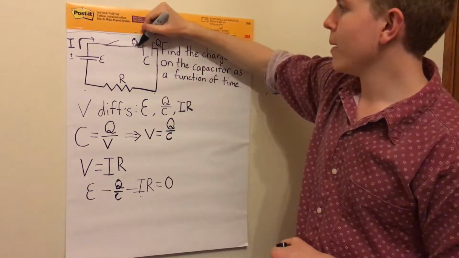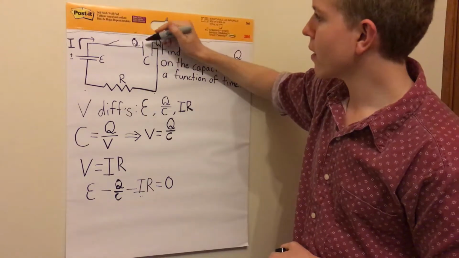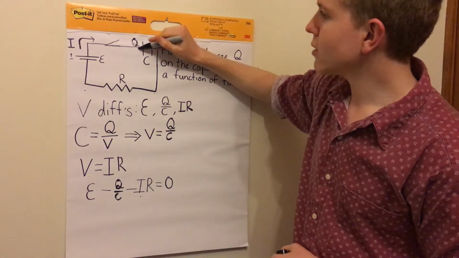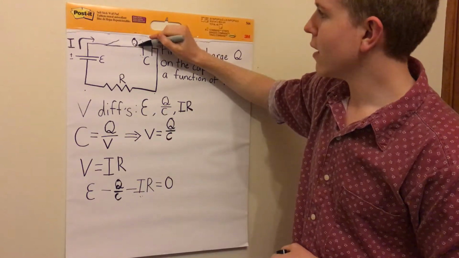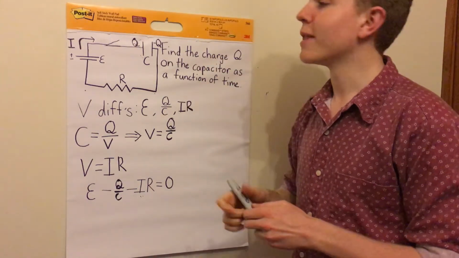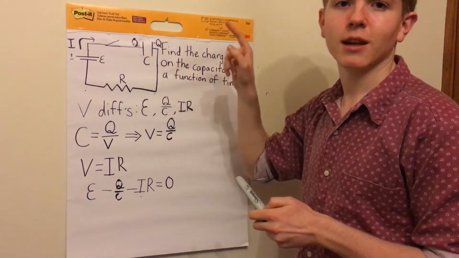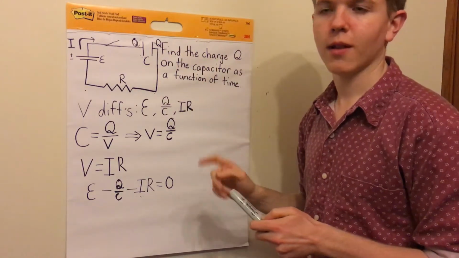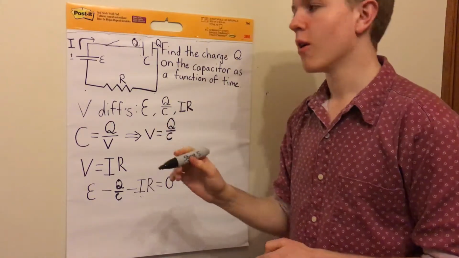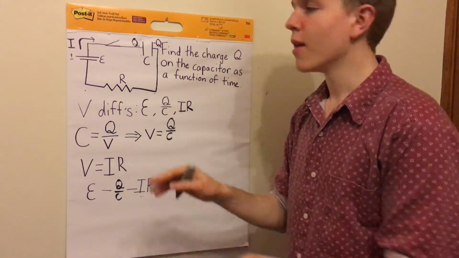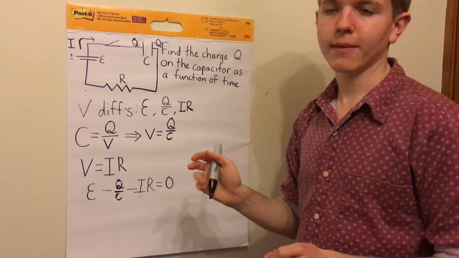So say we picked this point here. The amount of charge flowing onto this plate per second is I. But that's also the rate of change of Q. If I is really big, then Q is going to get big really fast. But if I is really small, then Q is going to get big very slowly.